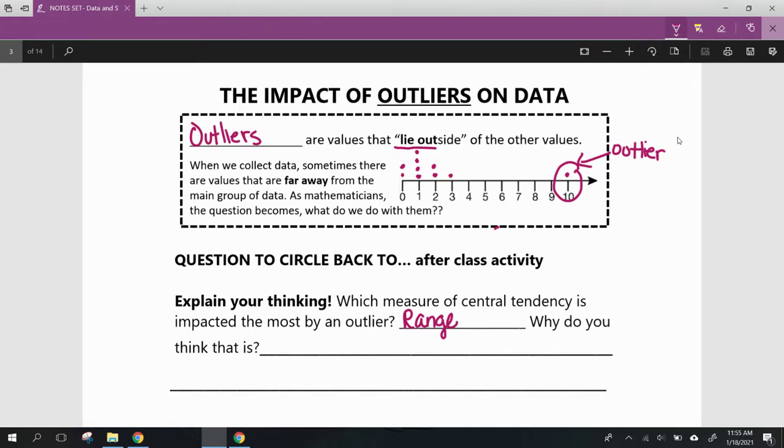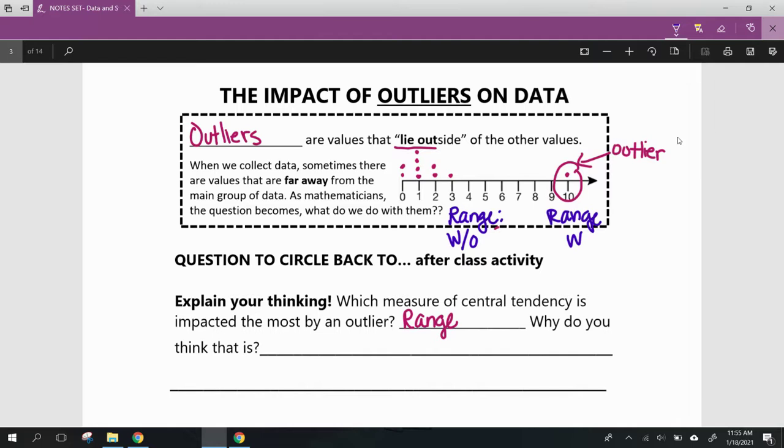For example, if we were going to find the range of our data, not including the outlier, I'm going to do range without and range with. Our range goes from 0 pets to 3 pets.